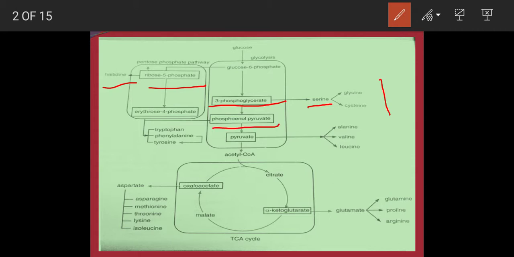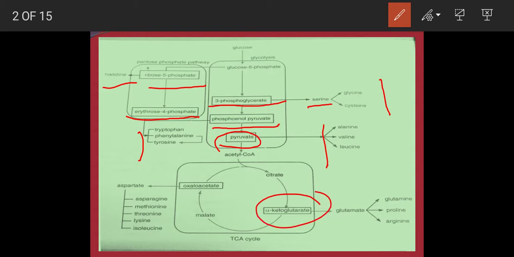Phosphoenol pyruvate along with the erythrose 4-phosphate gives rise to tryptophan, phenylalanine and tyrosine. Pyruvate, another important metabolic intermediate of glycolytic pathway, gives rise to alanine, valine and leucine.